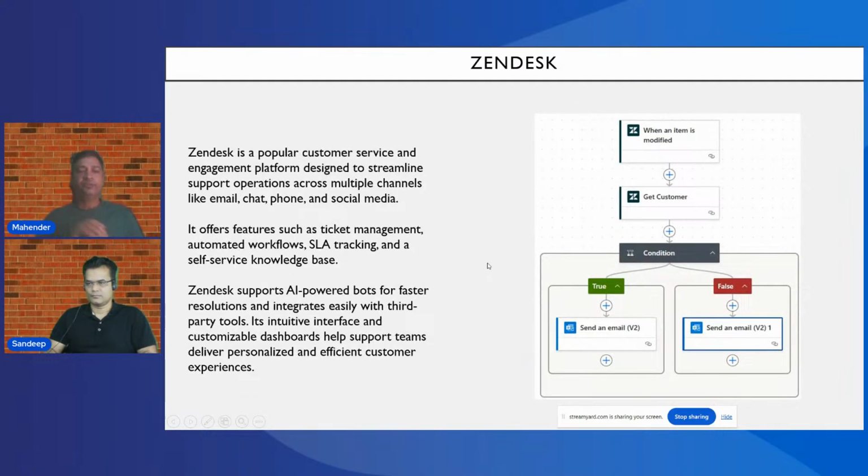So the first one is Zendesk. Okay, this is powerful, and most mid-sized companies use this Zendesk system to manage their support system. This support system can be categorized in different ways depending on your scenario, as I said, like what is your business.